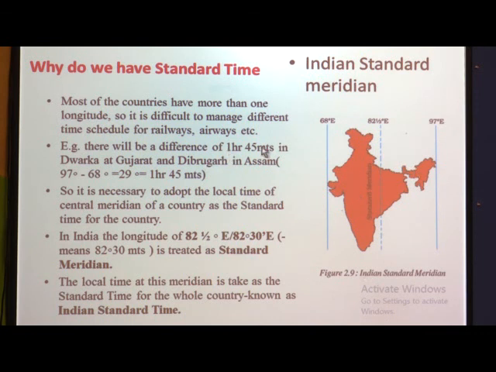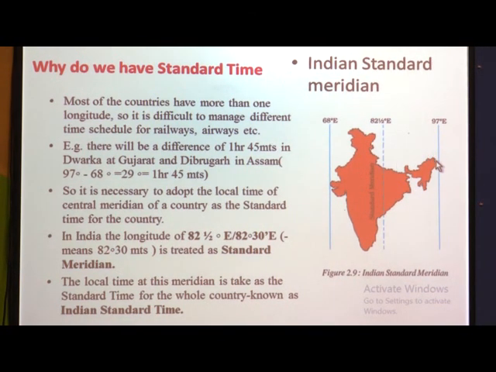Now how did you get 1 hour 45 minutes? See, from this longitude to this longitude there is a difference of 1 hour. Again from this longitude to near about this longitude there is a difference of 1 more hour. But it is just less than the second longitude. One longitude, a difference of 15 degrees, means 1 hour, and for the other we will take another 45 minutes, not a full 2 hours, a little less than 2 hours.